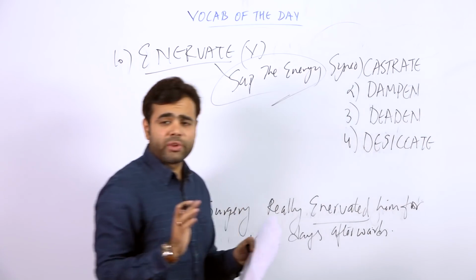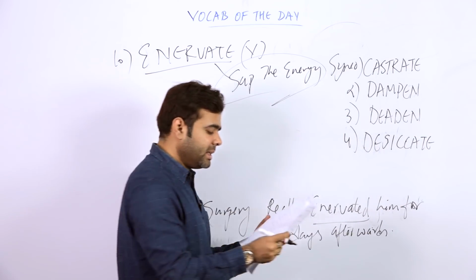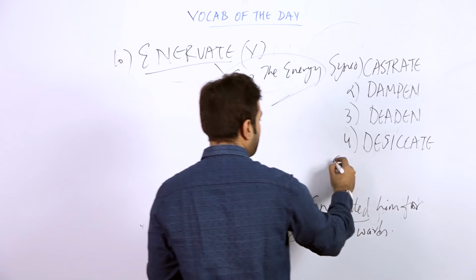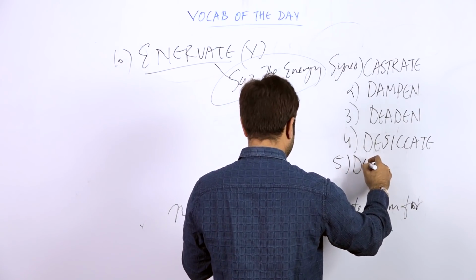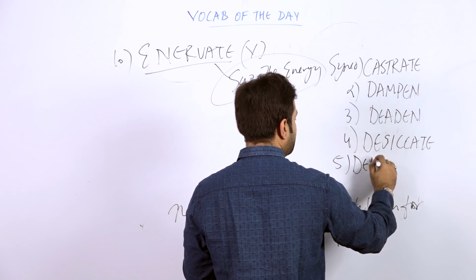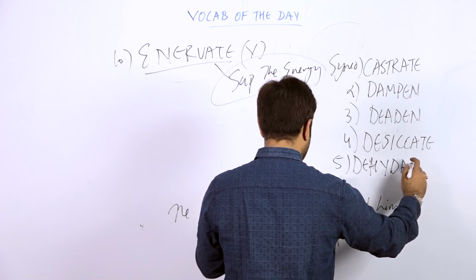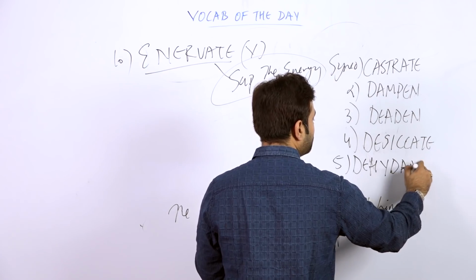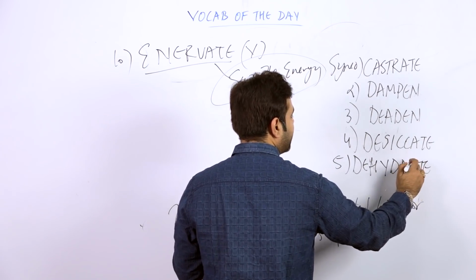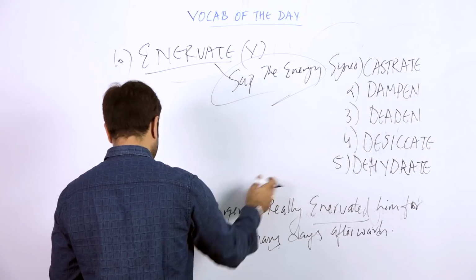It's a very nice word. And dehydrate also will help you out, because many people do understand the word dehydrate, where water in your body reaches a very low amount, and people are not able to walk or talk in that condition.